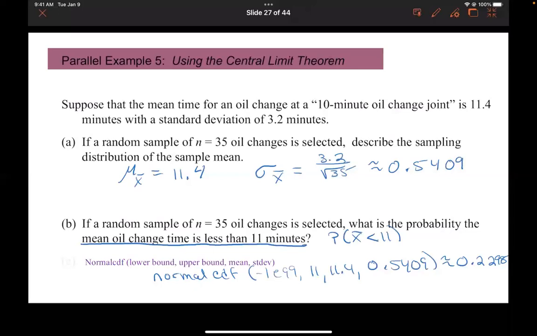I don't know why I'm not getting the same answer as you. I'm putting lower bound is -1E99, upper bound is 11.4. Oh, I put the wrong number in.